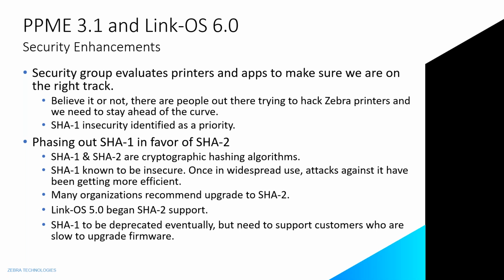SHA-1 has typically been in widespread use. The first attacks against it came out probably 10 years ago, but they've consistently been getting better and more efficient. So at this point, many security organizations are recommending an upgrade to SHA-2, which is exactly what we're doing, in addition to other things that revolve around SHA-2 certificates.